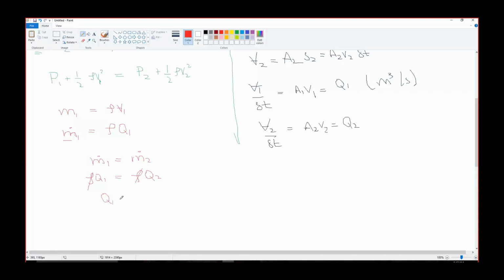We are considering incompressible flows. When we are applying the Bernoulli equation, we are considering that there are no viscous effects and the flow is incompressible. So for incompressible flows, mass flow rate as well as volume flow rate is constant. Clear?